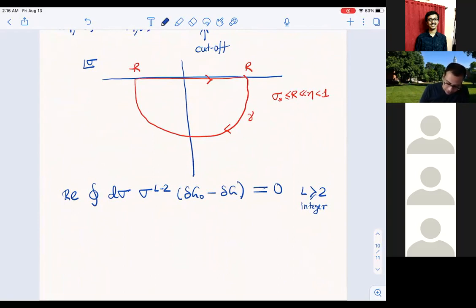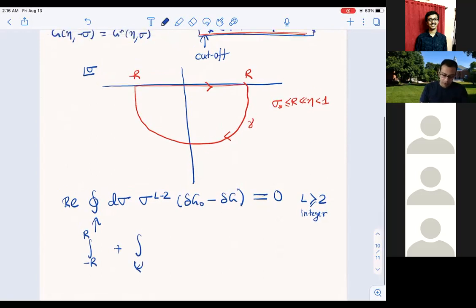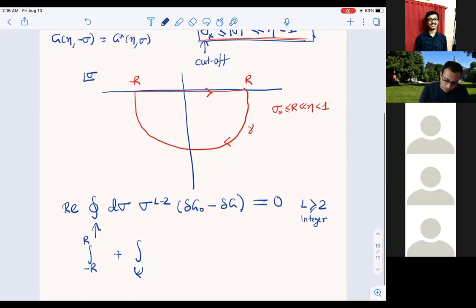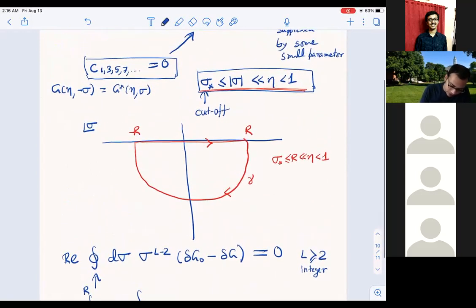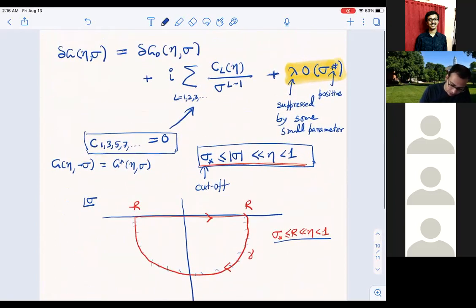So we can divide this integral into the line integral and the integral over the semicircle. For the integral over the semicircle, because of this condition, I can just use this expansion and evaluate this integral.